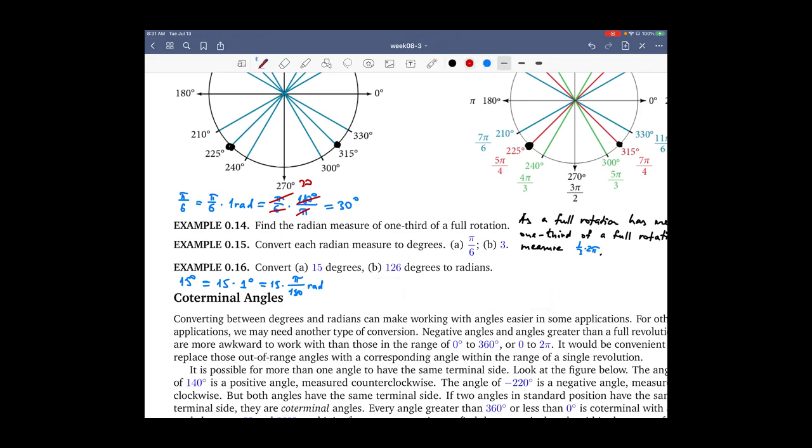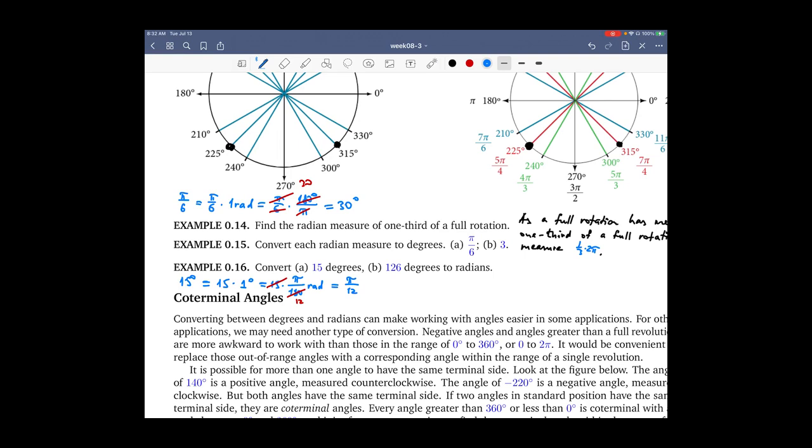When you cancel by 15, you get 12. So that is pi over 12. And you can omit the word radian here.